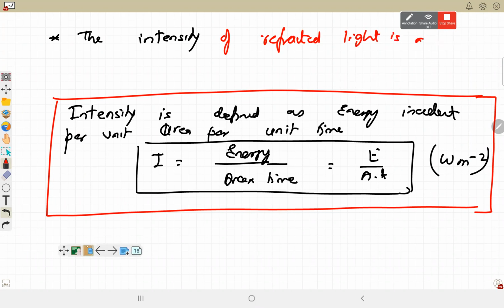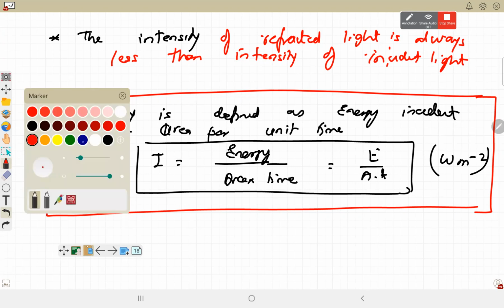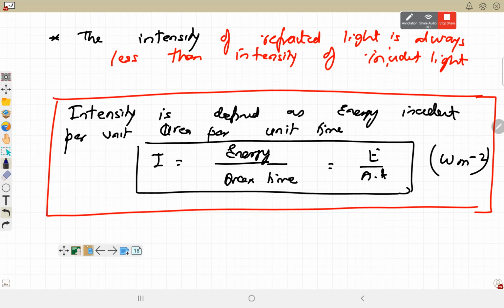Intensity of reflected light is always less than intensity of incident light. Okay. So when the light is incident on the medium boundary, it will be moving away from the normal or it will be moving towards the normal. That is the angle of deviation.